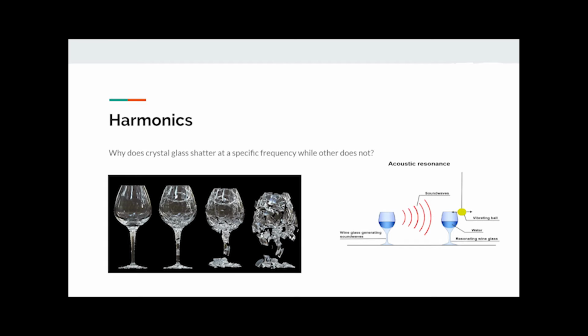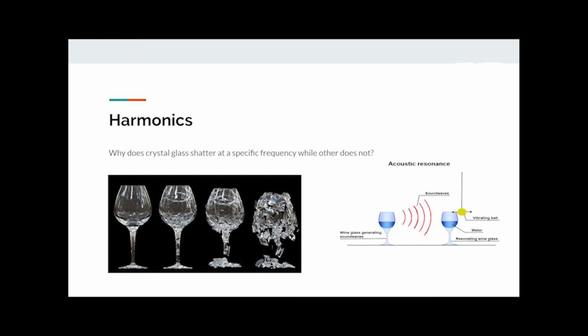Why does crystal glass shatter at a specific frequency while others do not? The reason a crystal glass will shatter at a specific frequency depends on the size, shape, and thickness of the walls of the glass. The glass will begin to vibrate within a range of frequencies.